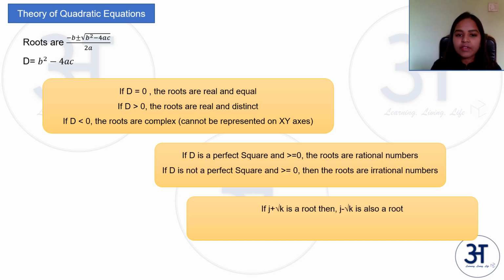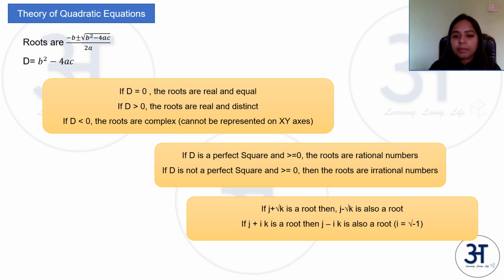See, here we derived all of this. Now, if j plus root k is one root, then j minus root k must be another root, because this is very clear. One root is minus b plus root over b square minus 4ac by 2a. The other root is minus b minus root over b square minus 4ac by 2a. If j plus root k is a root, then j minus root k must be a root.